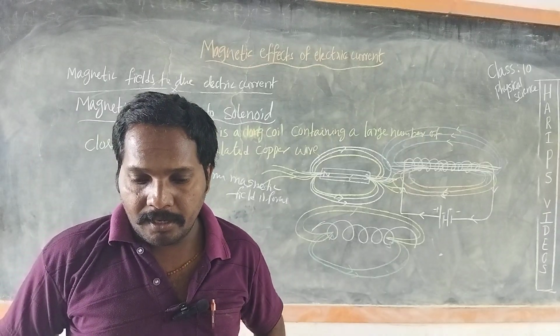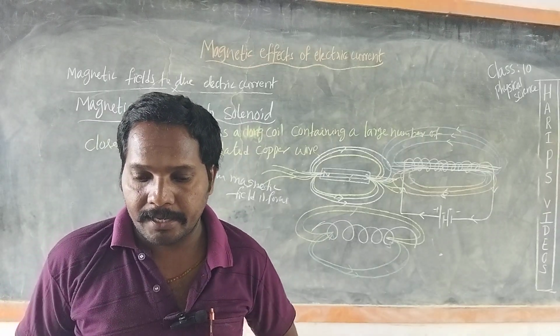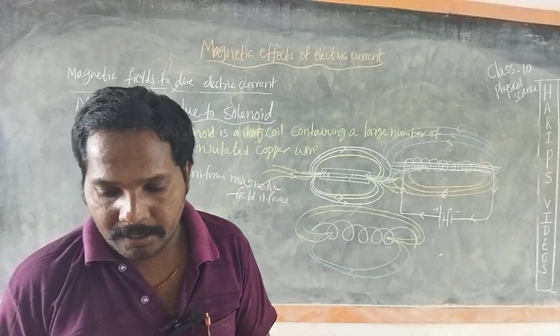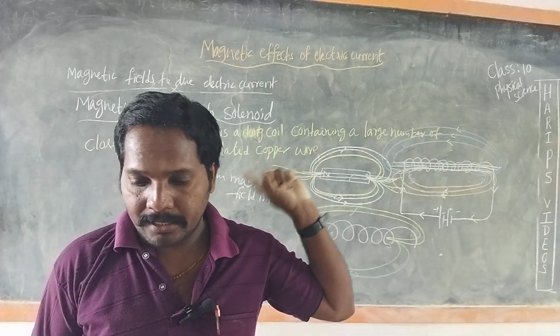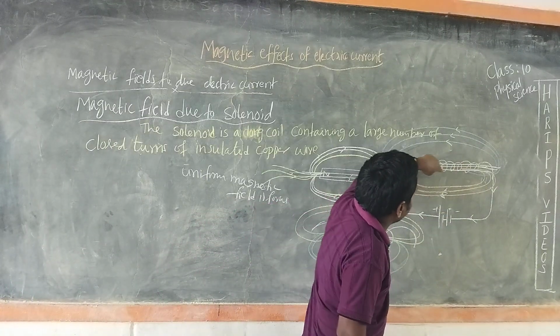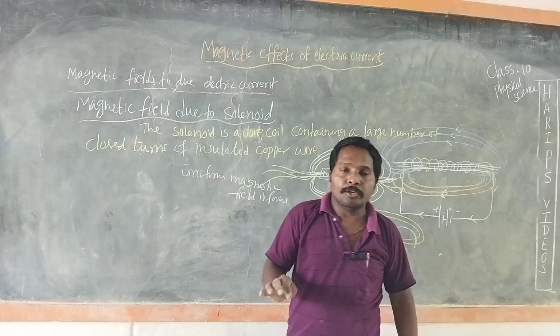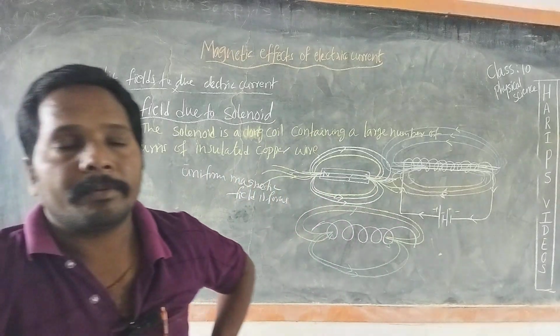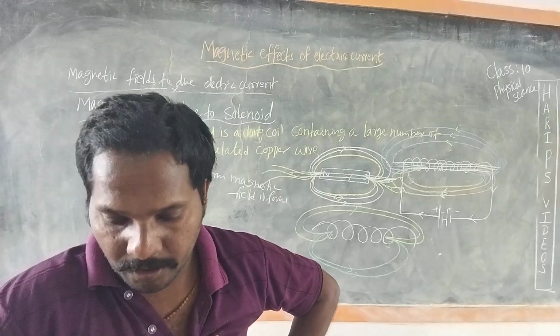Thus the magnetic field inside a current carrying solenoid is represented by drawing parallel straight lines. These parallel straight lines denote the uniform magnetic field created by a solenoid.